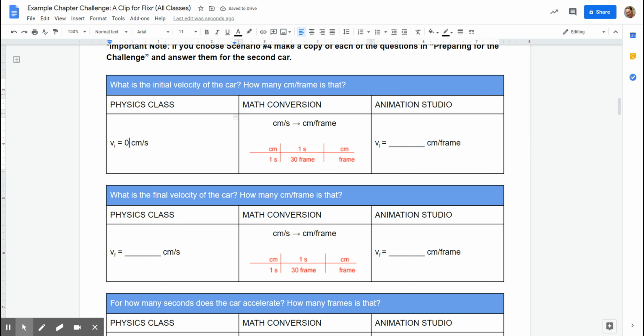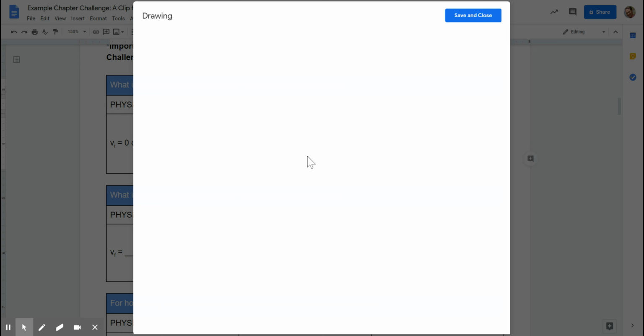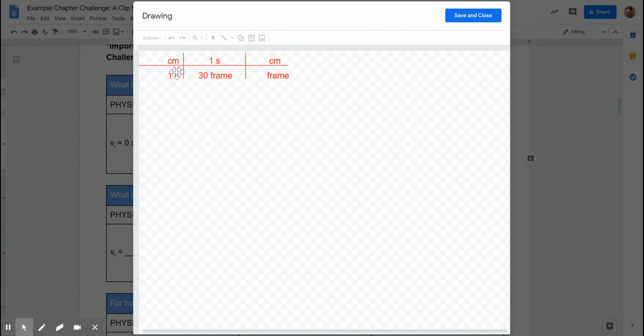And my animation studio is in centimeters per frame because I need to talk about that more easily. So I can use this railroad track method to say if I have 0 centimeters per second, how many centimeters per frame is that? So I'm going to double click on that, and I can put in that this is 0 centimeters per second. That's what the starting point is.